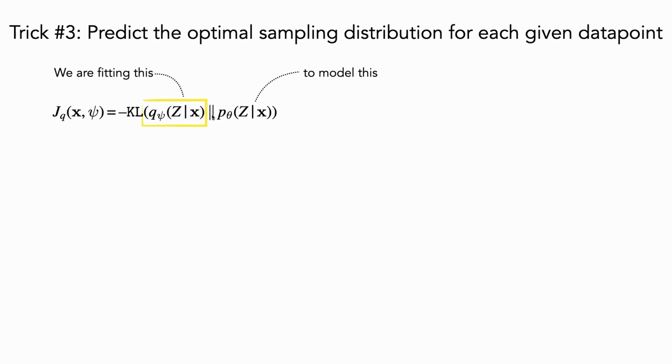So how am I going to actually write down the objective function for the encoder? We want the encoder to model a distribution, p(z given x), but it's going to model that distribution with another distribution parameterized by mean and variance that defines a Gaussian, and that's going to be q(z given x).